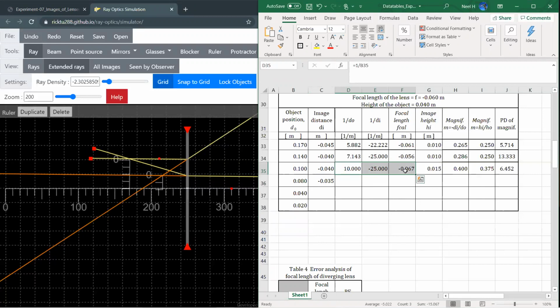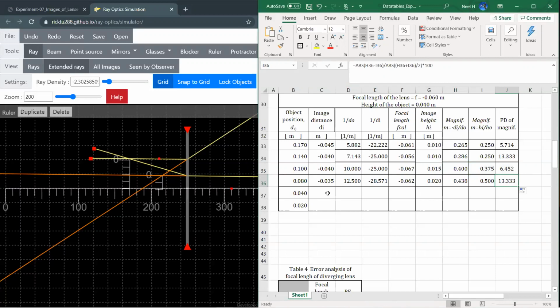And we can calculate to check. The focal point is fine. Magnification is close to 2. Let us assume 0.02, and then let's check the magnification. The error is fairly considerable. Okay, that's okay.